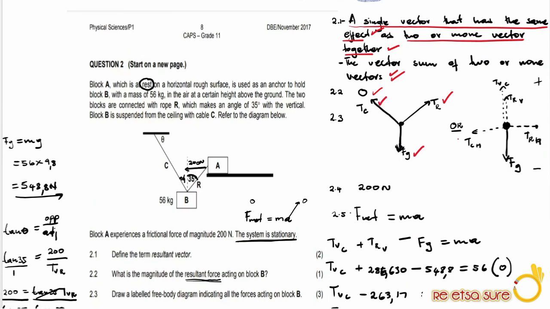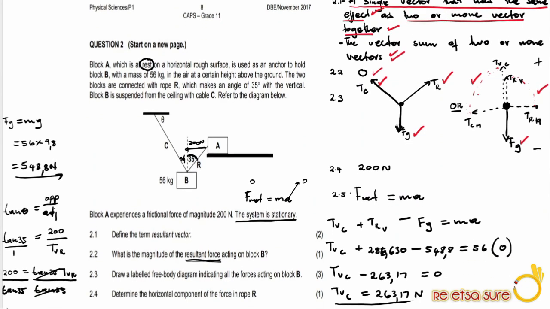When you draw it like this, and put in the components, you will get 1 mark for drawing the FG, and then for TRV and TRH you will get 1 because they were resolved from TR. For drawing TVC and THC, you will get another mark because those components were resolved from TC.